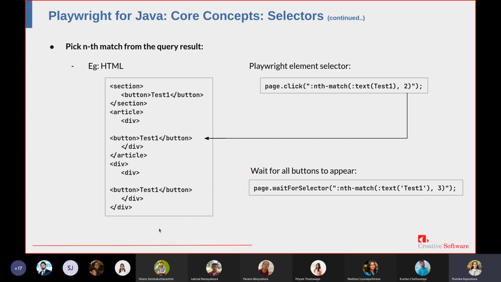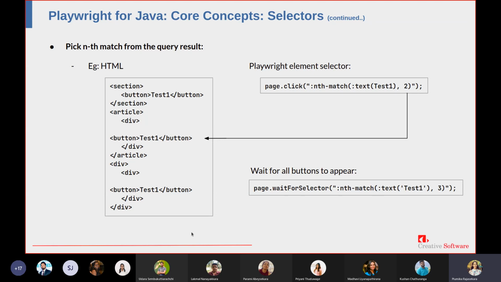Let's say a scenario which has 3 buttons with the same name. If we pass the button identifier with number 2 to the Nth match selector, it matches the second button in the document object order.